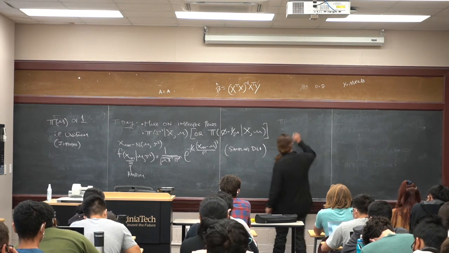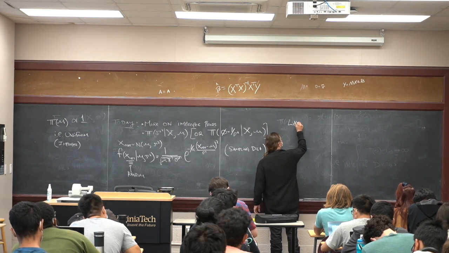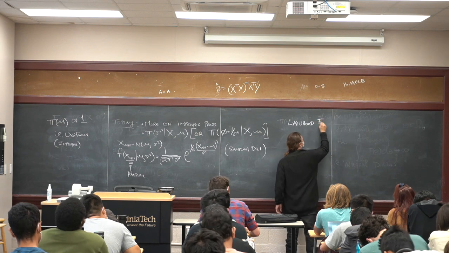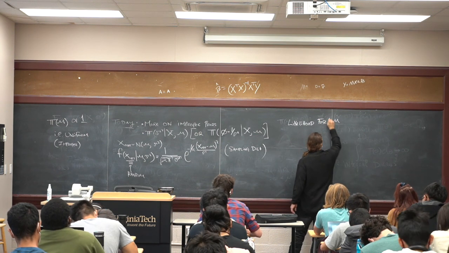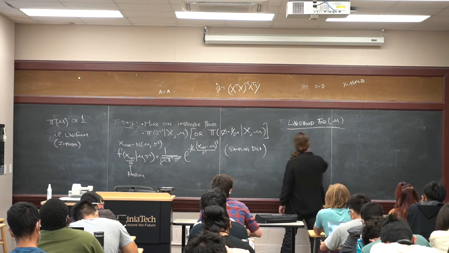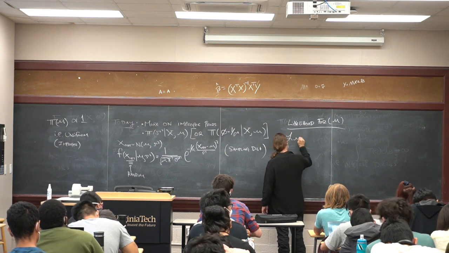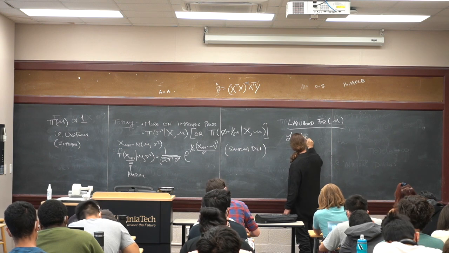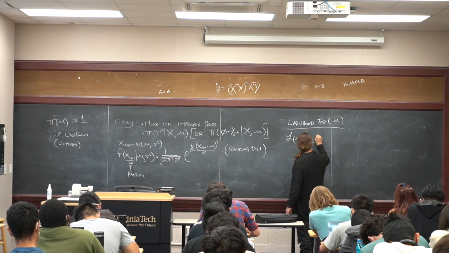Okay, the likelihood for mu looks like, usually write it down like this. We'll just put in x obs, sigma squared.